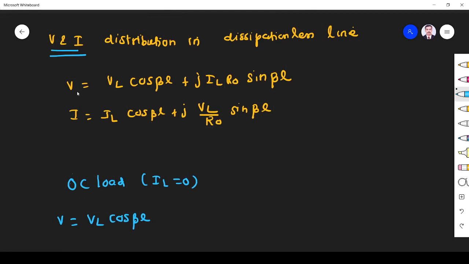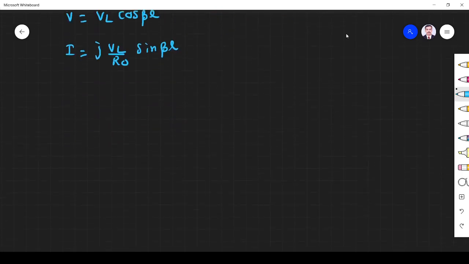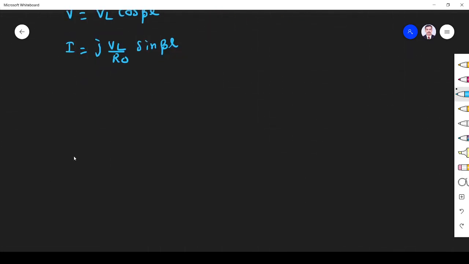V general equation is this one and I is this one. For open circuit load, IL = 0 means V is equal to this. Similarly, I = j VL/R0 sin βL.